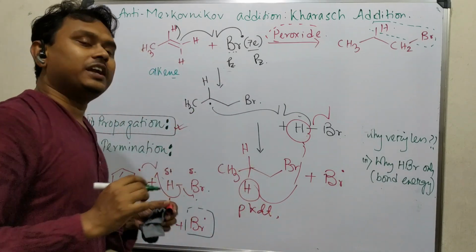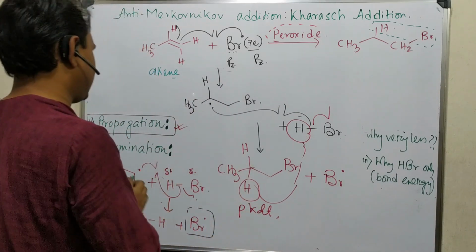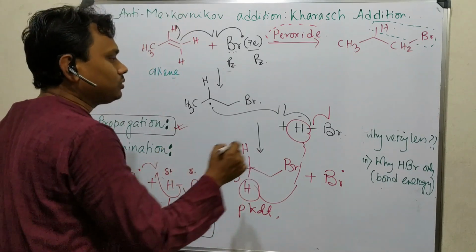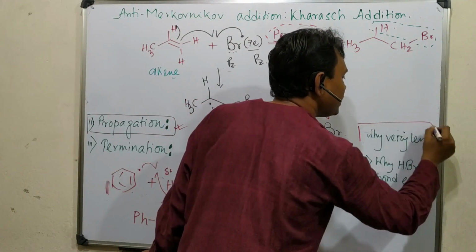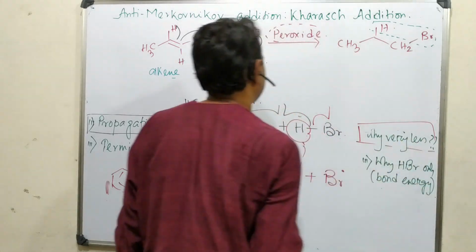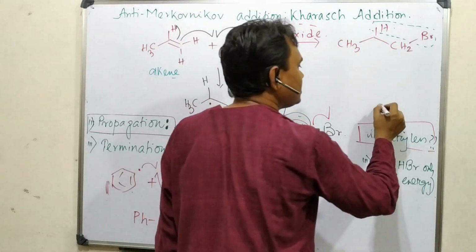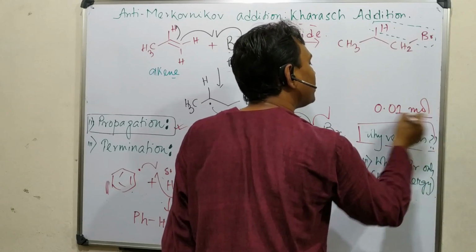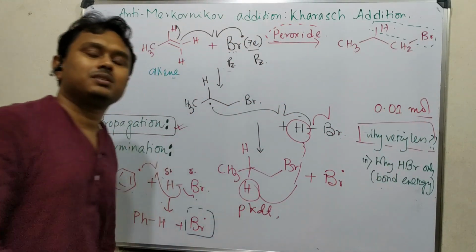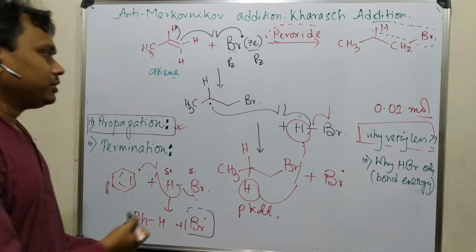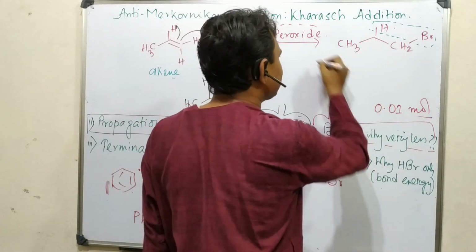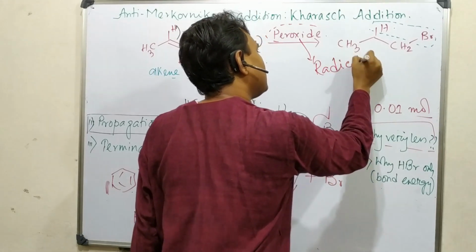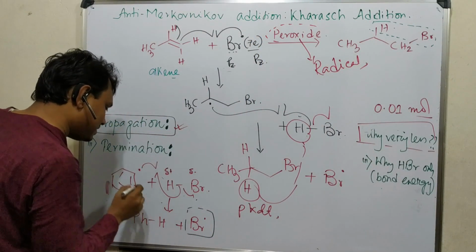Now in every radical reaction there is a step, that is termination. Before that, one question: why is a very small amount of peroxide sufficient? Actually, around 0.01 mole compared to 1 mole of peroxide is needed. Very little. Why? Because in the presence of heat, this peroxide generates radicals.